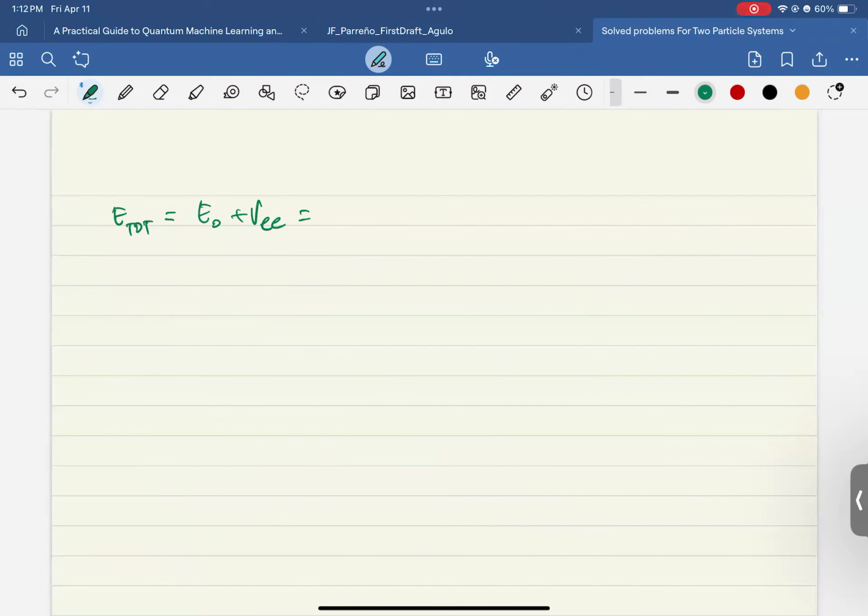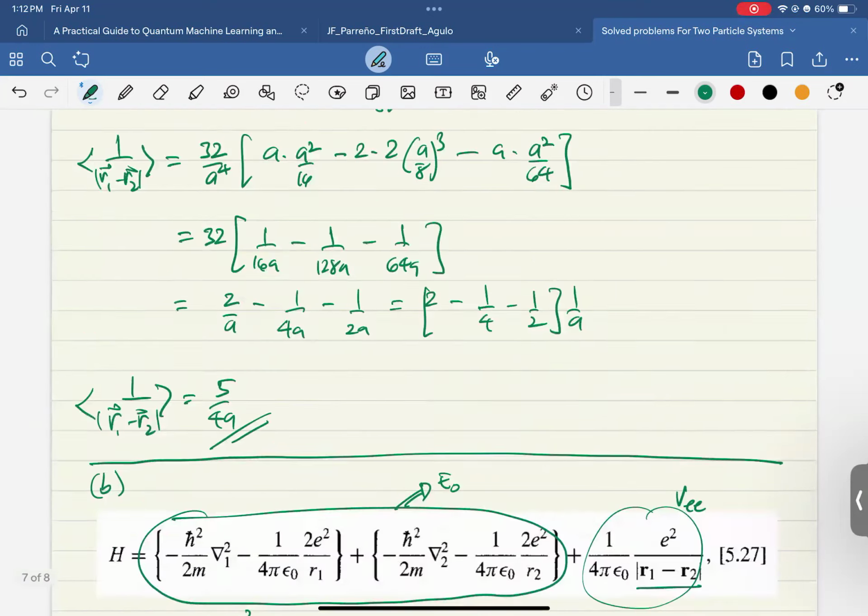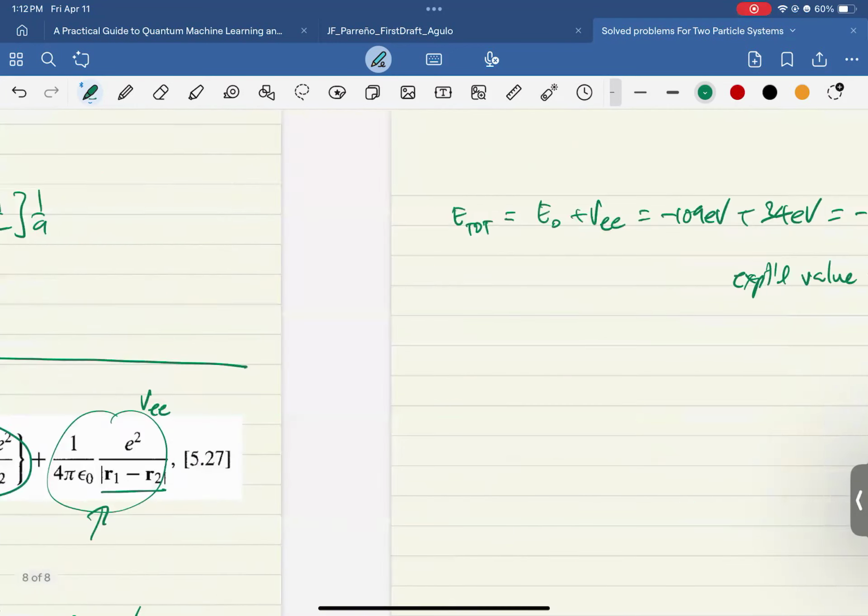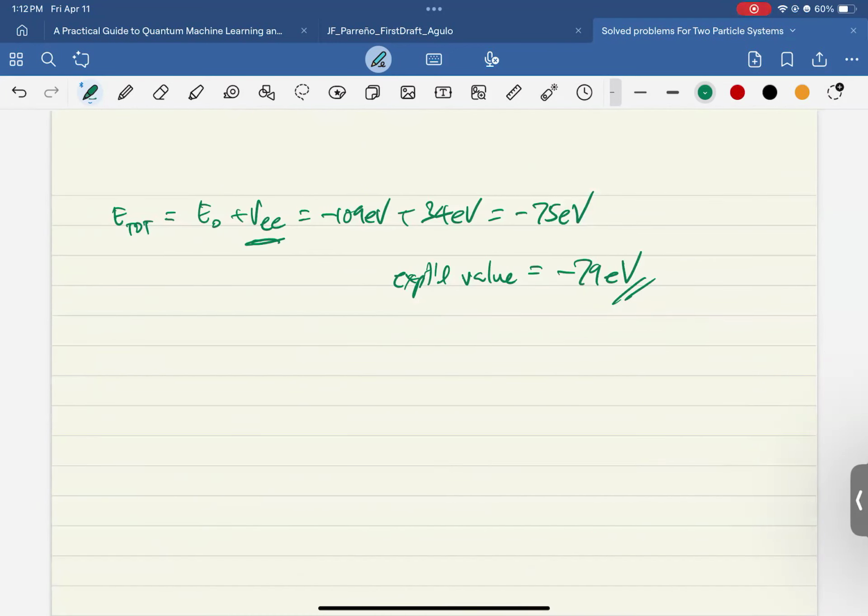Okay, so equals to negative 109 electron volts plus 34 electron volts, or negative 75 electron volts. So yung experimental value is actually negative 79 electron volts. Okay, but introducing itong term na ito brings the value from 109 electron volts down to the more realistic value, closer to negative 79 electron volts.